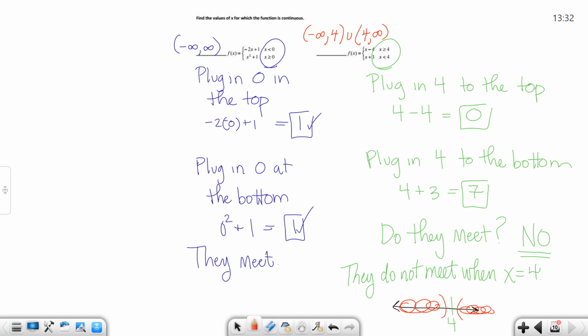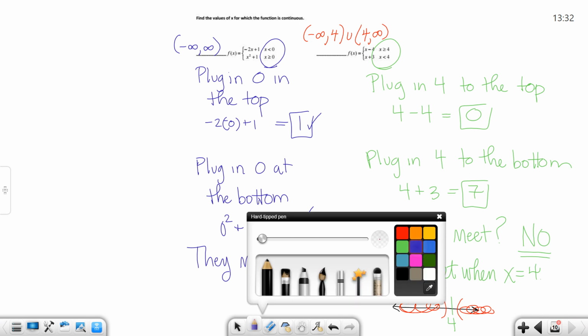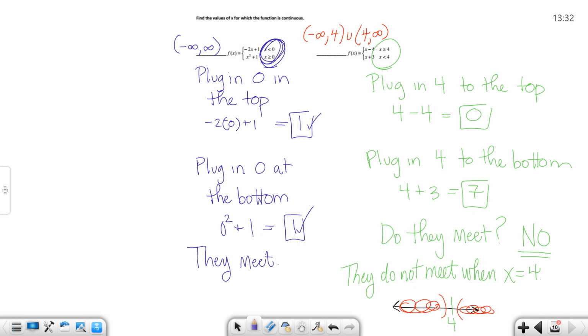Okay, so in a piecewise function, you're going to have 2 options. Just going back over it one time, looking at the blue function for a second, it's either going to be continuous everywhere, or it's going to be continuous everywhere but 0. So these piecewise functions have 2 different possibilities. They're either continuous everywhere, or they're continuous everywhere but the split.